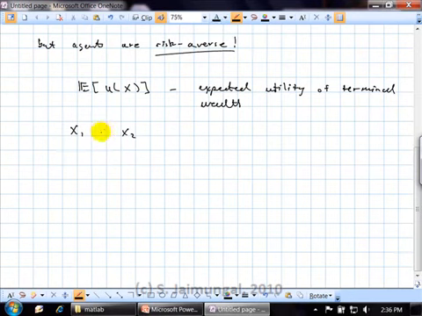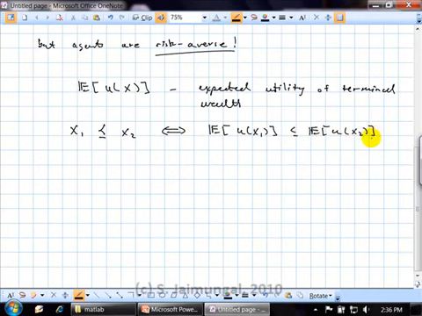Okay, so you'd say that this is a sort of curly less than or equal to sign, so it means I prefer x2 to x1 if and only if the expectation of u of x1 is less than, and you can put the less than or equal to sign there. There are different choices for that.